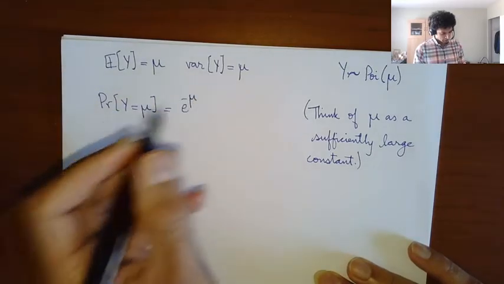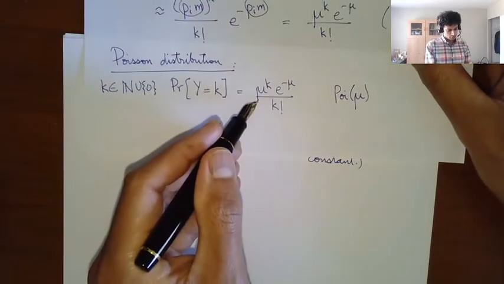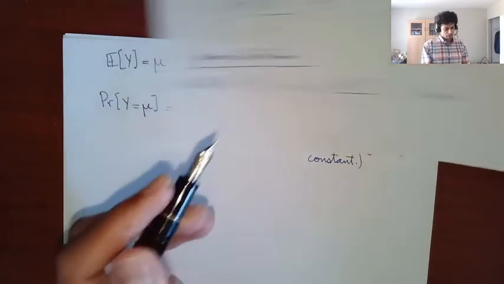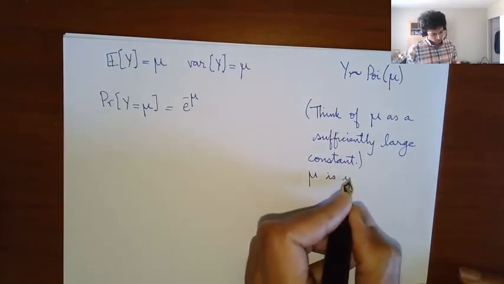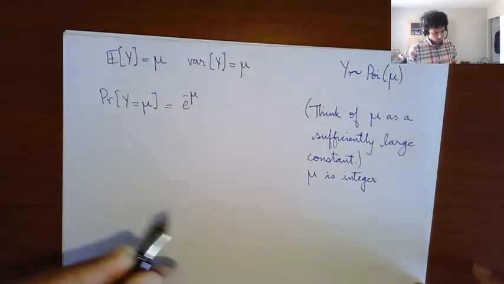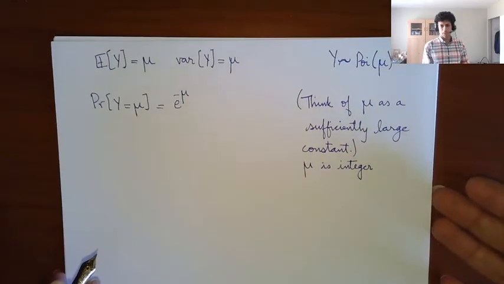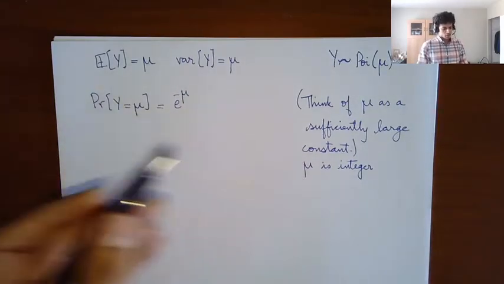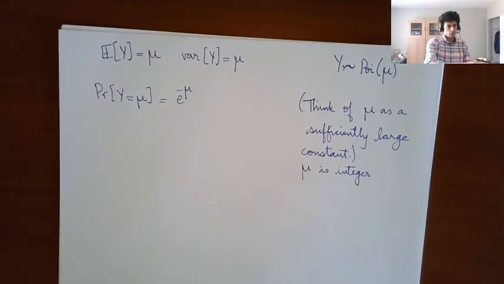I get e to the minus mu, and remember the formula that I got was mu to the k divided by k factorial, but I'm thinking of k as actually mu. Think of mu as a sufficiently large constant, and also think of mu as an integer. I'm doing these calculations just to give you some intuition. So I'm going to use lots of approximations, but these approximations will be correct when mu is a sufficiently large integer. If mu is not an integer, then you could basically replace this by the floor of mu.